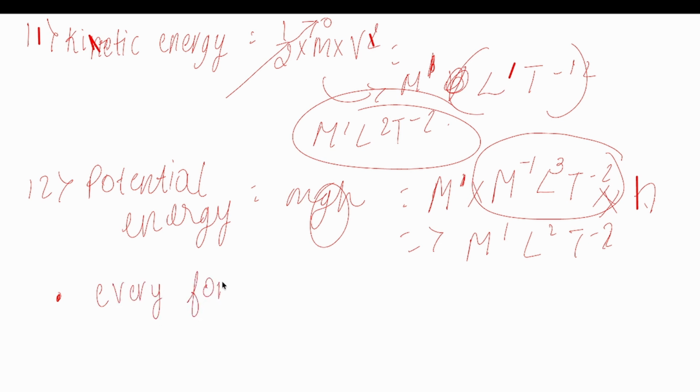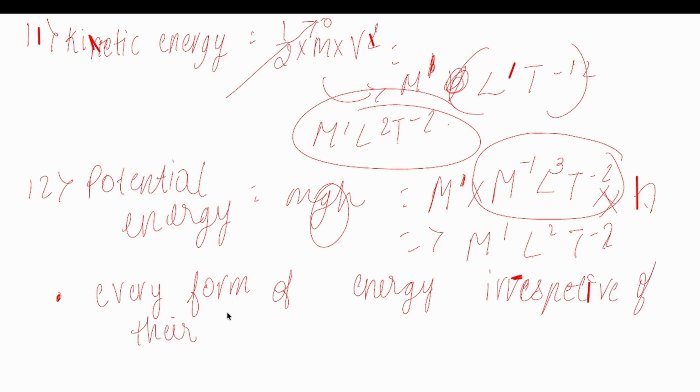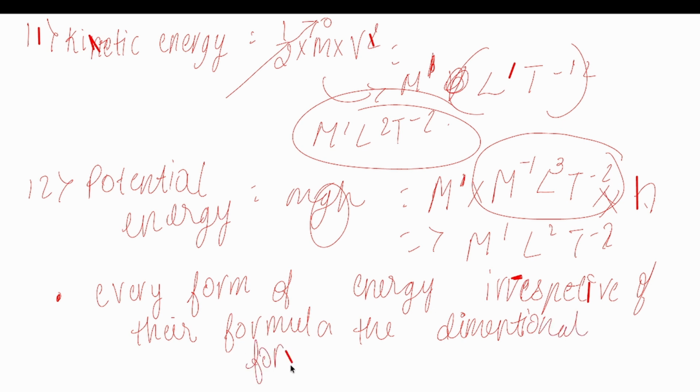We have to keep in mind that every form of energy, irrespective of its formula, has the same dimensional formula. It might be mechanical energy, heat energy, electrical energy, or nuclear energy, but the dimensional formula of all of those remains M power 1, L power 2, T power minus 2, irrespective of the kind of energy it is.